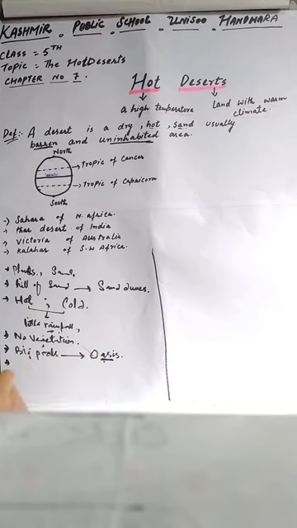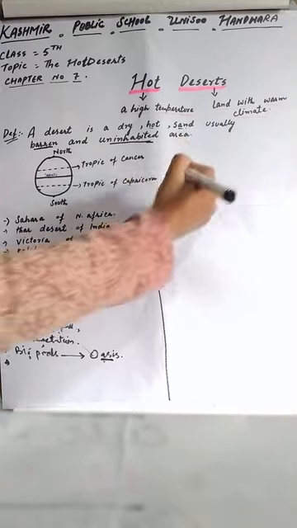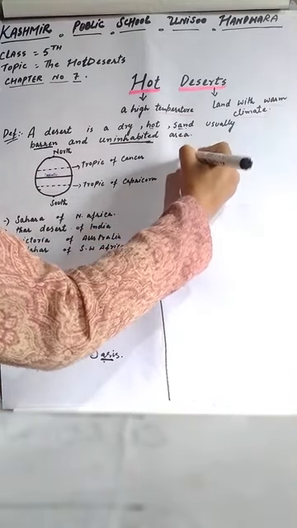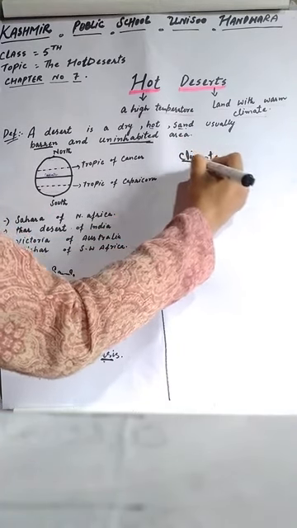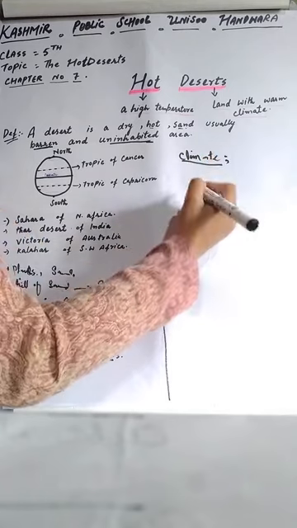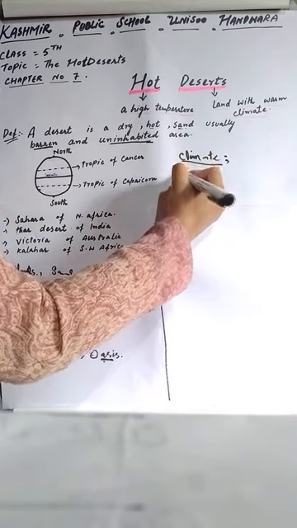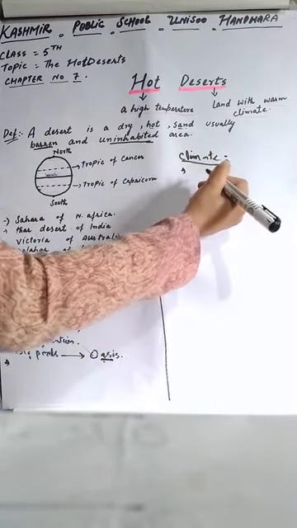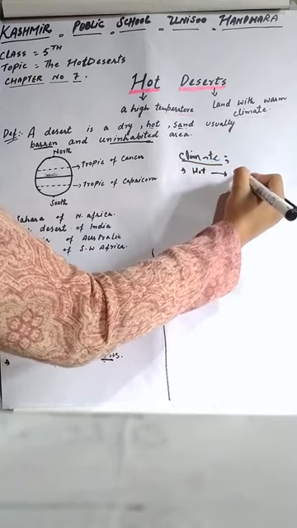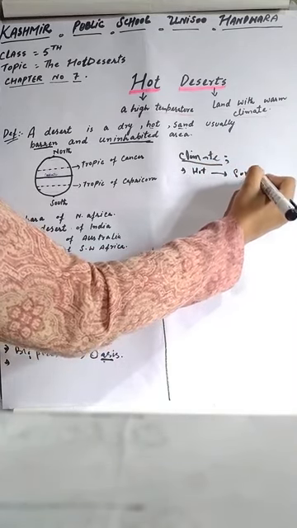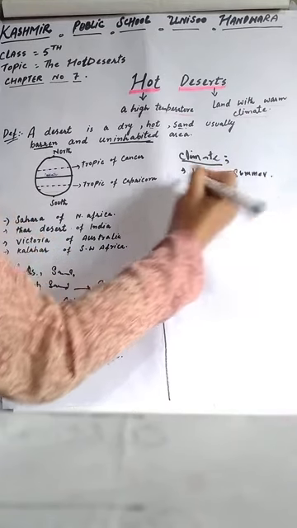Okay, dear students, now we will learn about climate in deserts. The climate of the desert regions is extreme. It's very hot in summer and very cold in winter.